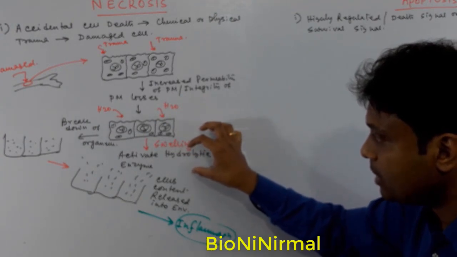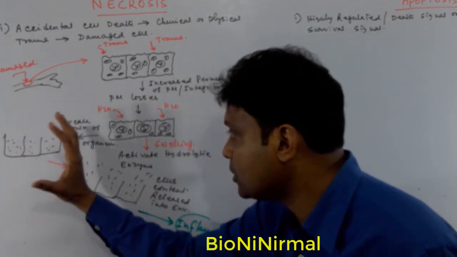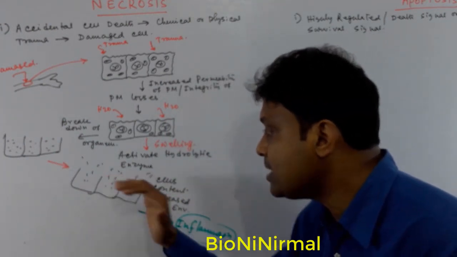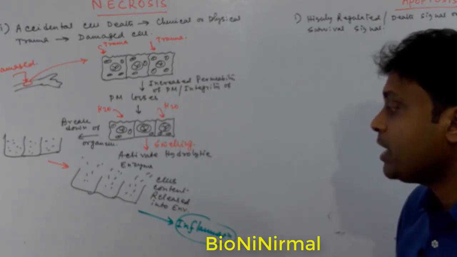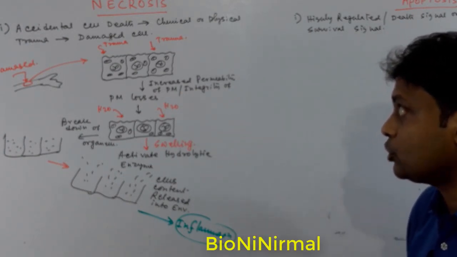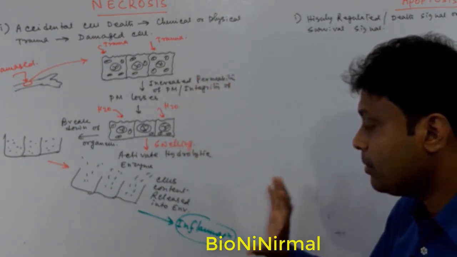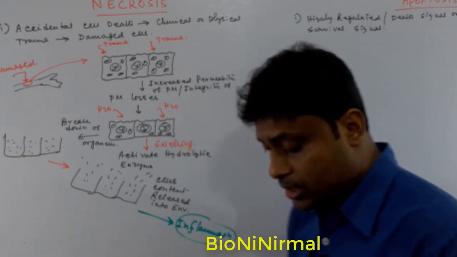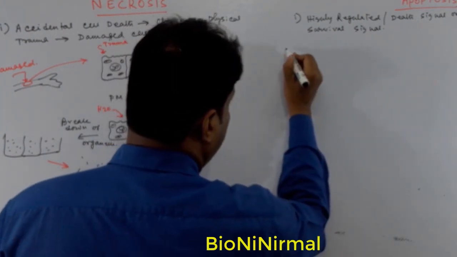This activates many hydrolytic enzymes, and these hydrolytic enzymes cause the breakdown of the cellular organelles, which are released outside of the cell, and this causes inflammation. So this is the process of necrosis, by which many cells die. Now apoptosis.